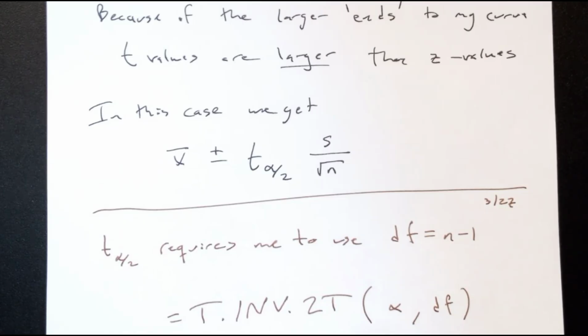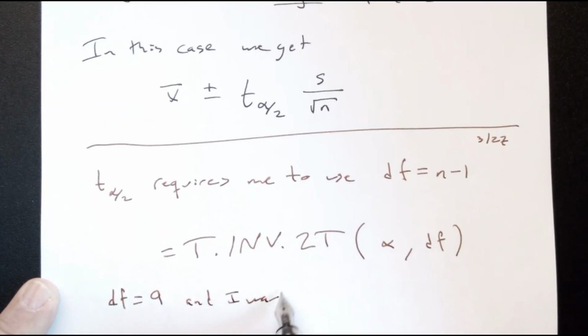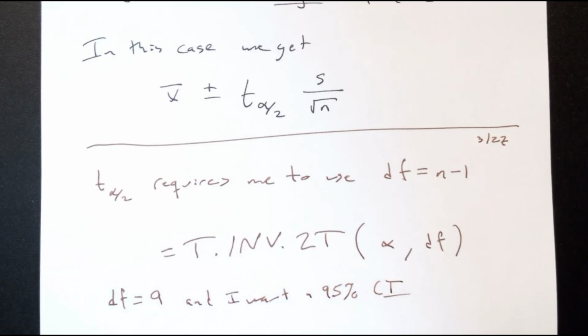So, if I tell you that I have a sample of size 10, then my degrees of freedom are 9. If my degrees of freedom is 9, I need to look up the t-value for a 95% confidence interval.